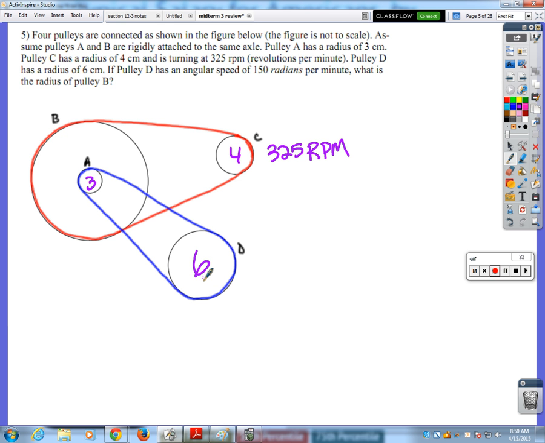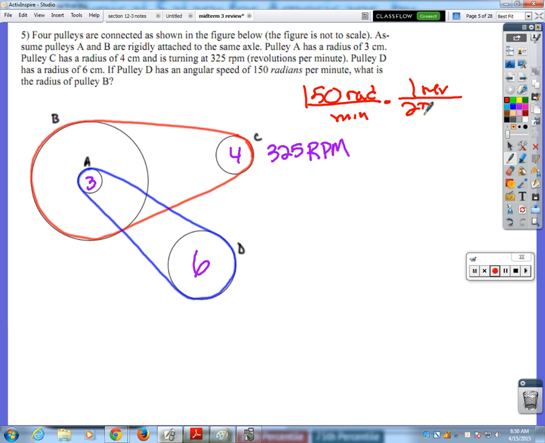Yeah, so we need to take the angular speed and do what with it first? Convert it to RPM, yeah. So if we go 150 radians per minute, and we want to change that into RPM, it's a pretty easy conversion. What do you have to do? Divide by 2 pi, very good.